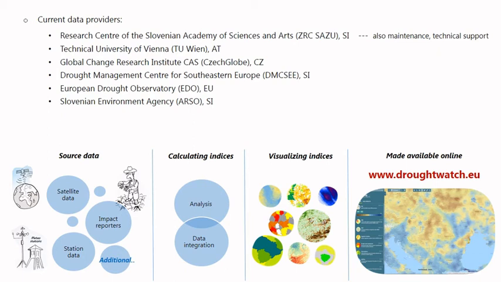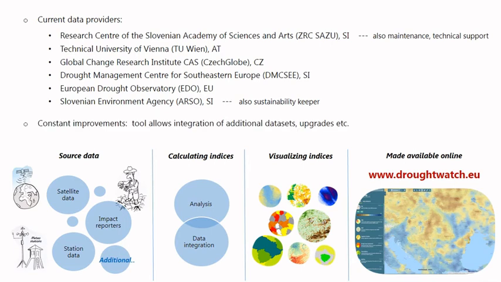Then there's also the European Drought Observatory under the European Commission, and also the Slovenian Environment Agency, which ensures the sustainability of the tool as well. The tool is constantly worked on, either for some updates or for integration of additional datasets that some countries are willing to provide the data or a new index for, like an extension in the tool.